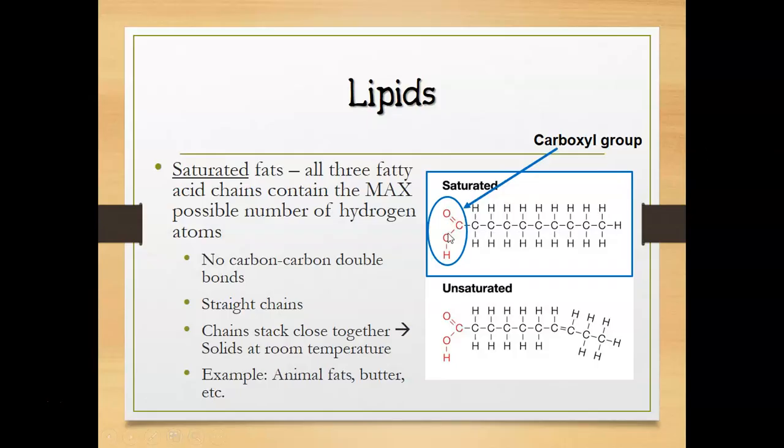Just like the definition of a saturated hydrocarbon we were talking about. And so as a result, you get these straight-chained fatty acid tails that are actually able to stack really nice right on top of each other, real nice and close. And so saturated fats are things like your animal fats, butter, and these guys are typically solids at room temperature.